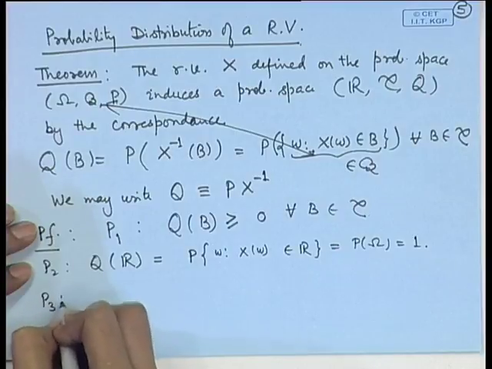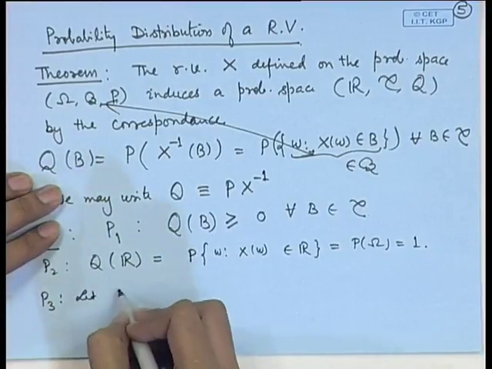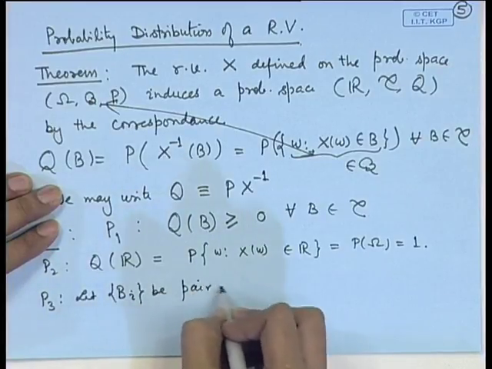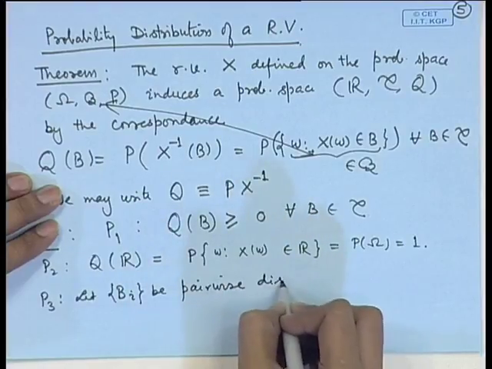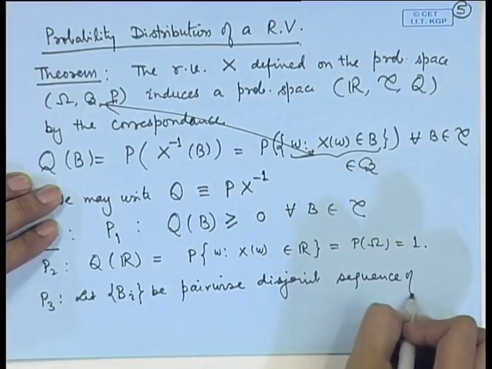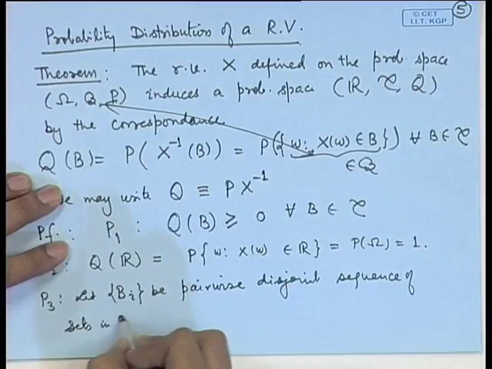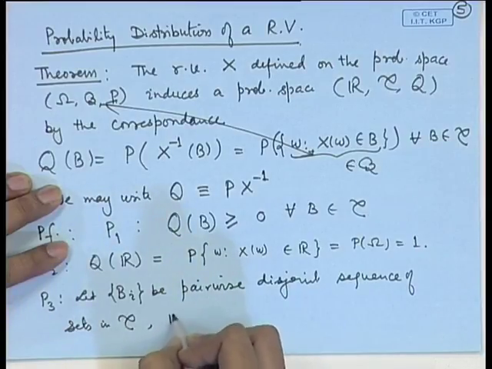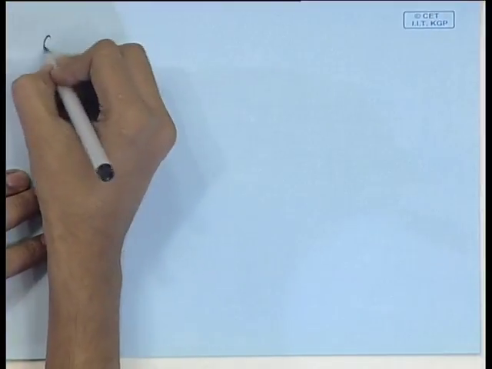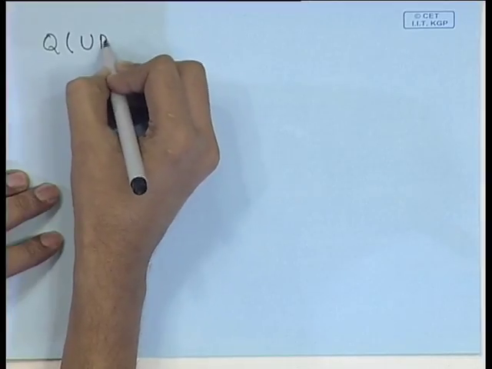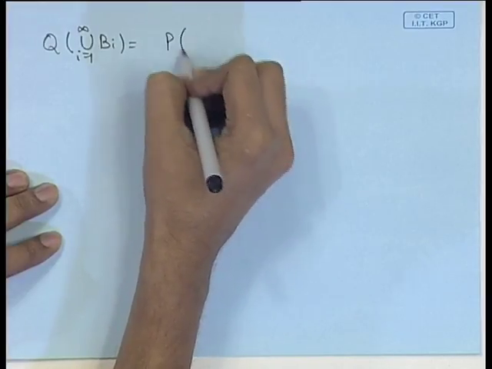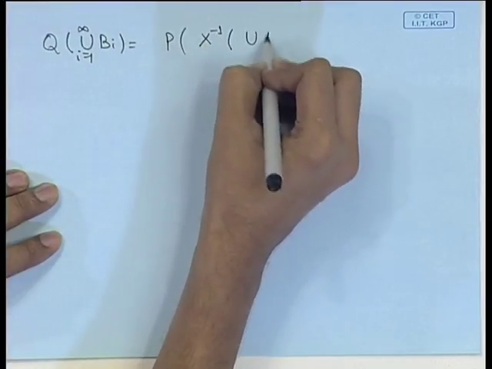If we consider B_i's as a pairwise disjoint sequence of sets in C, then Q of union B_i, i equal to 1 to infinity, is equal to probability of X inverse of union of B_i.